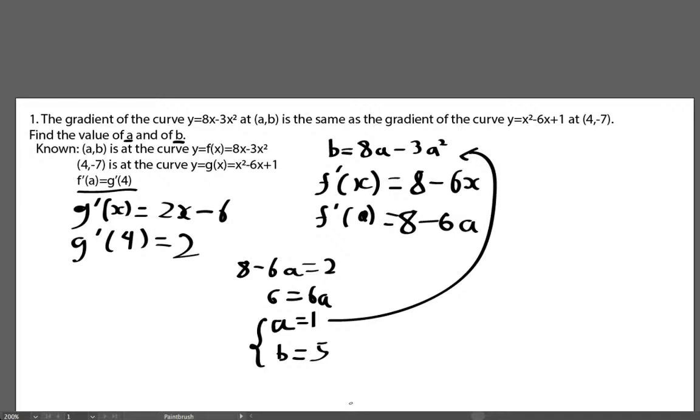So yes, we are going to be going to the second problem pretty soon. But before that I need to clean up some stuff first.